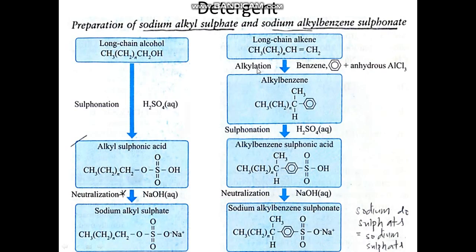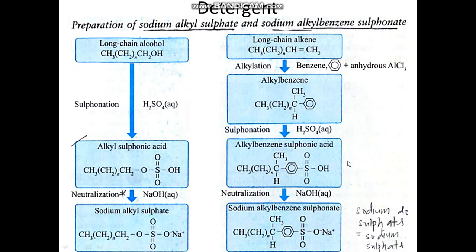Next. This one is the way to prepare detergent. It is very easy. For the way to prepare detergent, we look at these two flow charts first. We find out the similarities from both flow charts. There are two similarities.